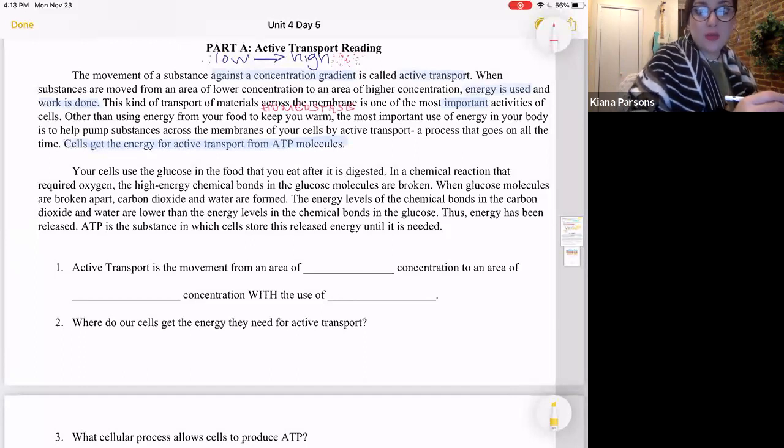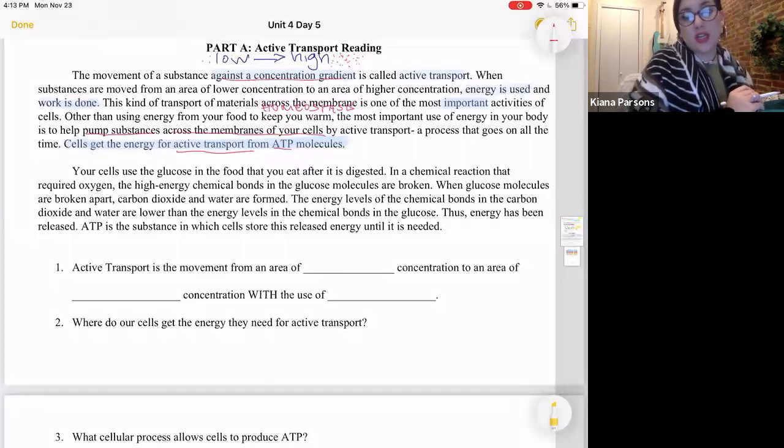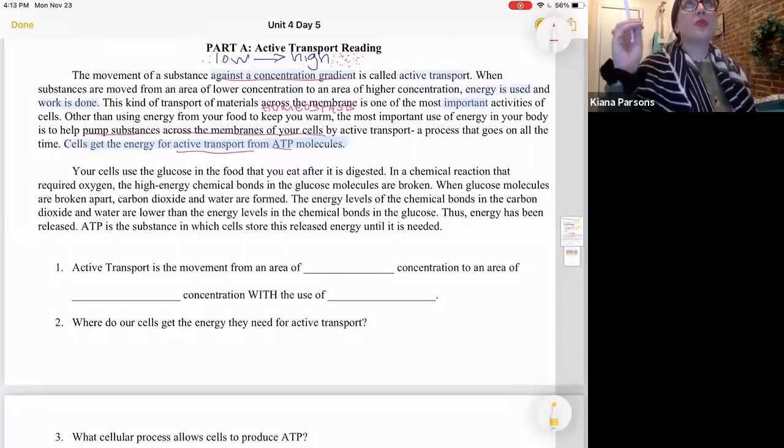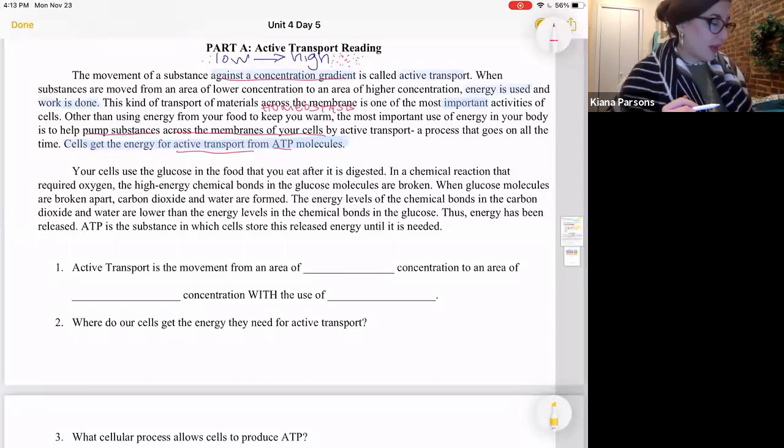And then another extremely important thing that our body does is use ATP to transport substances across the membranes of our cells against the concentration gradient, molecules that are too large to pass through the semipermeable membrane. But let's go ahead and continue.